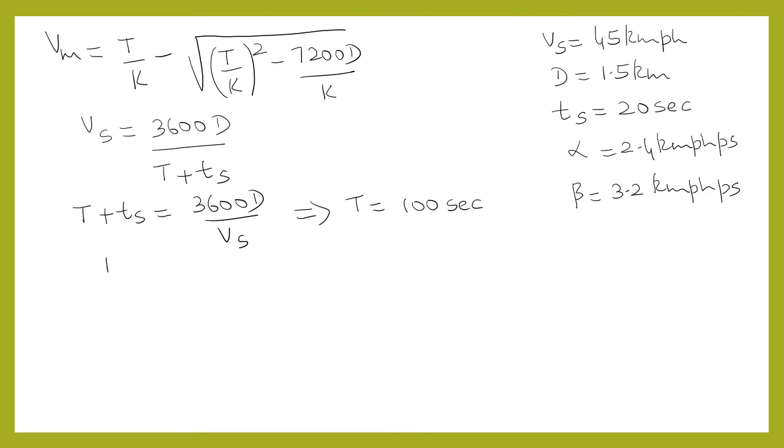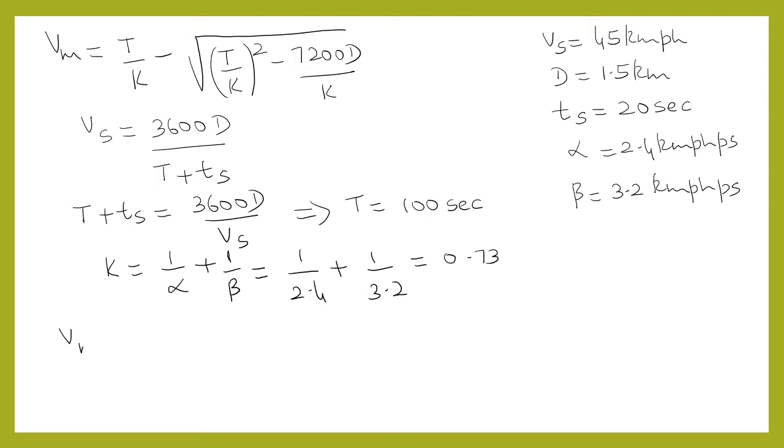Next we have the constant K, which is 1 by alpha plus 1 by beta, that is 1 by 2.4 plus 1 by 3.2, which is equal to 0.73.